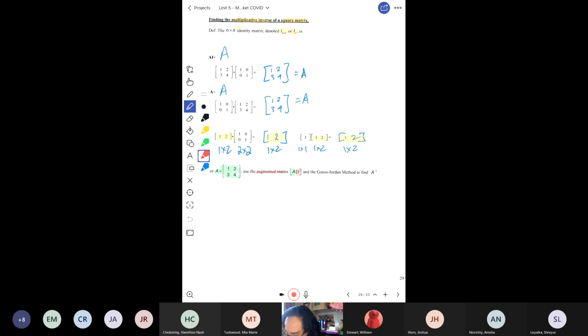So I am starting with 1, 2, 3, 4. And I'm augmenting that with the appropriate size identity matrix. If it was a 3 by 3 matrix A, you'd have the 3 by 3 identity. If it was a 4 by 4 matrix A, you'd have a 4 by 4 identity. So does everybody understand how I have this original augmented matrix?